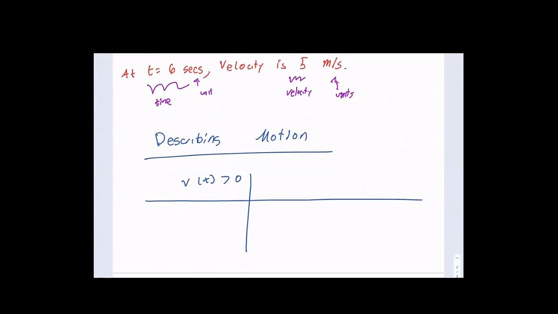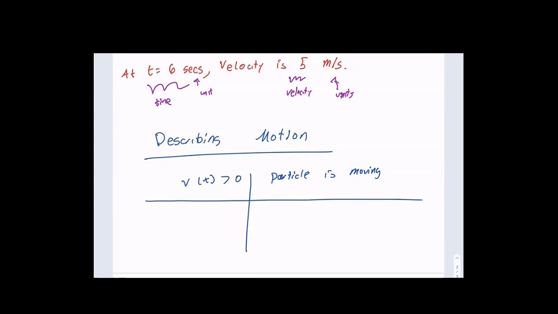That means that our particle, I'm going to say it, is moving how? How is our particle moving? What would you say if you have a positive velocity? The particle is moving what? Up. That would be correct.